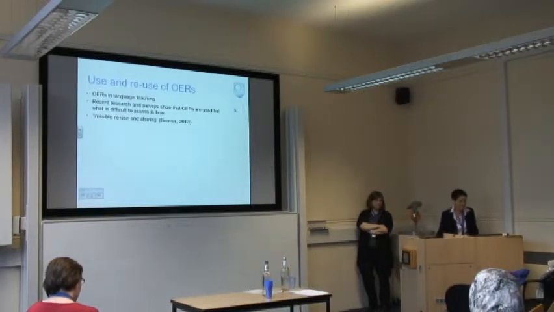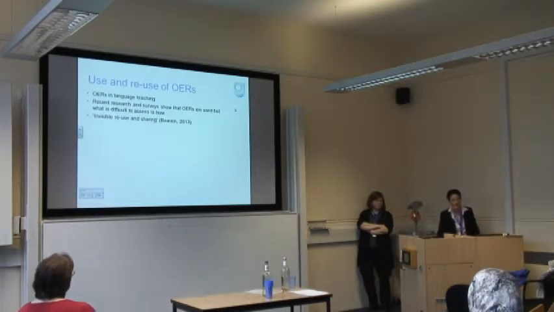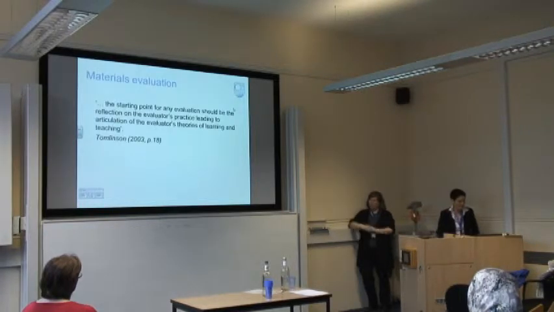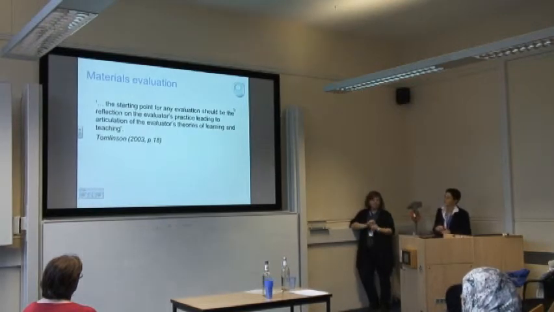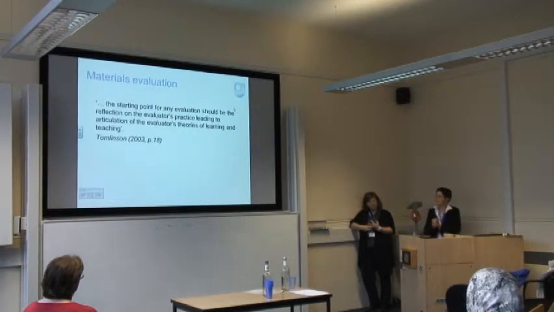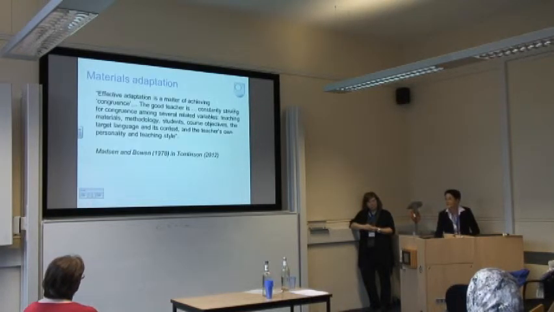But what does the previous research tell us? It tells us a lot about what happens when tutors use textbooks. That means paper resources, not online resources. So we have to start from that. The first step normally is material evaluation, and research tells us that tutors, teachers in general, tend to reflect on their teaching beliefs and theories about learning and teaching in order to develop criteria that they then use when they look at materials.